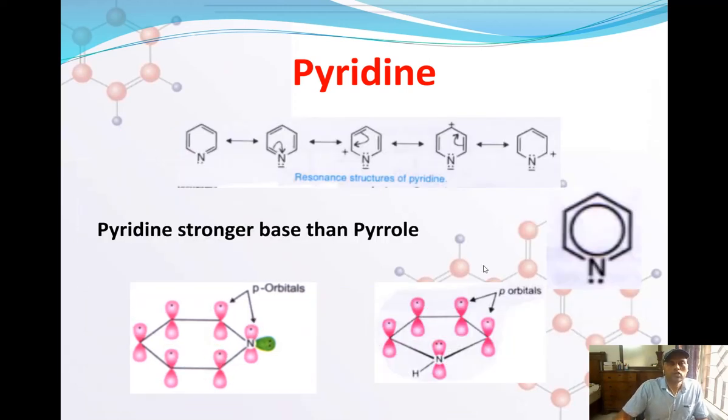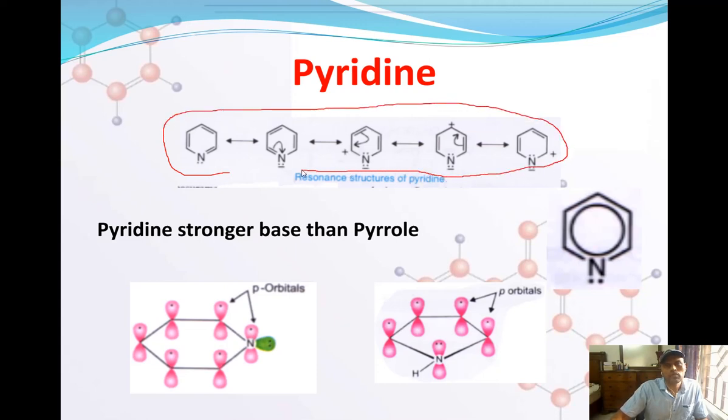Alright, this is the resonance structure of pyridine. At a given time, pyridine can exist in these different forms. You are going to write this resonance structure by shifting of the bonds.